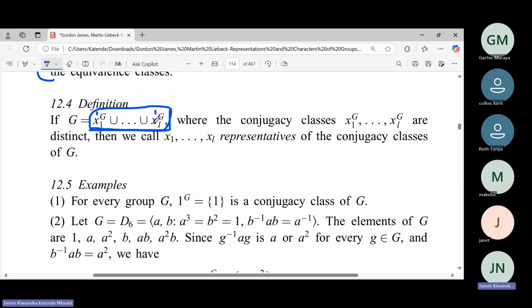So this has no wastage. You pick exactly one representative from each conjugacy class. Then you have a disjoint union of these conjugacy classes. These elements that you pick will just be called the representatives of the conjugacy classes.